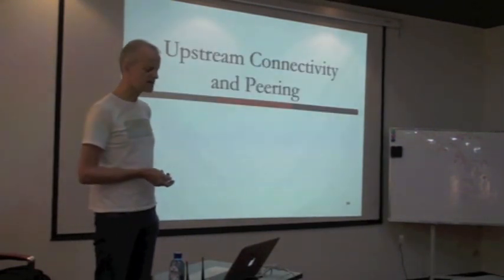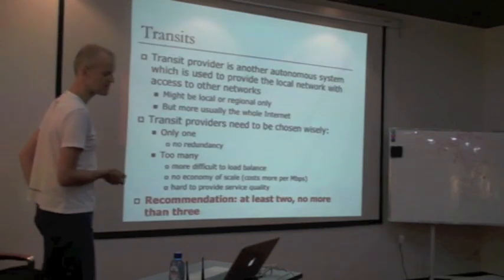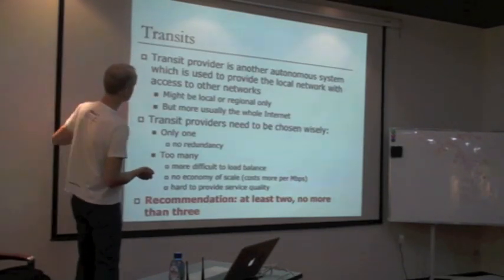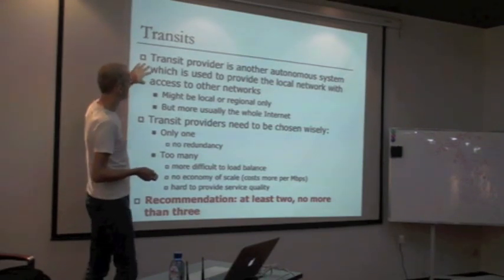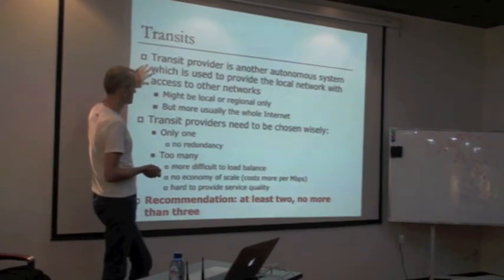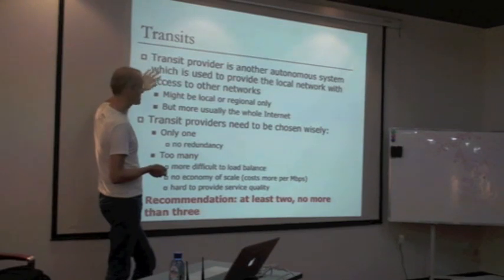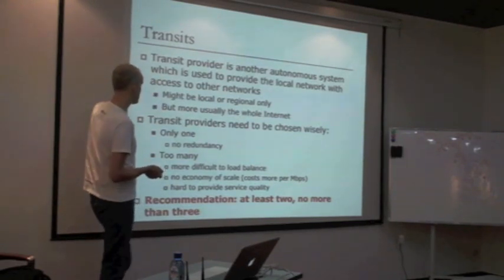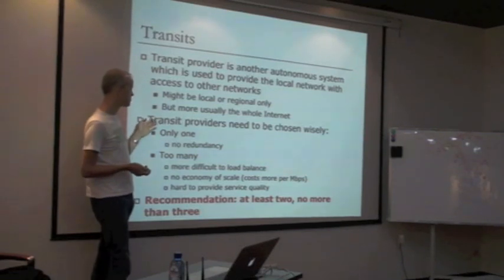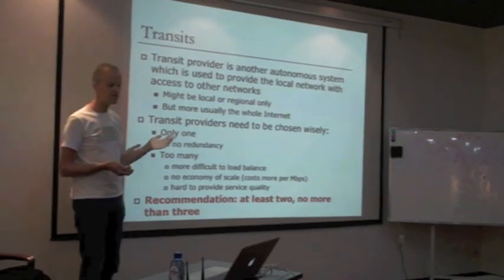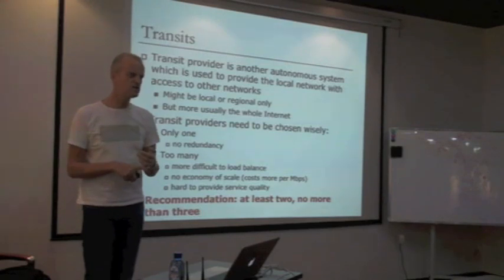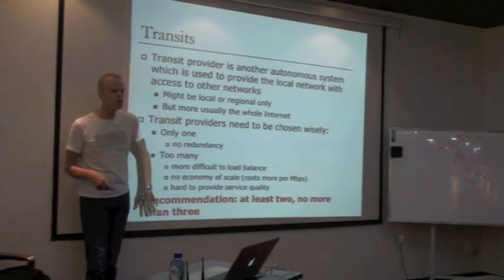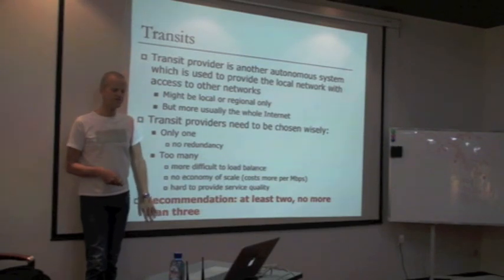Okay, upstream connectivity and peering. We've seen this already. I talked about this, was it yesterday? A transit provider gives you access to other networks, could be local, regional, more usually the whole internet. Transit providers need to be chosen wisely. One doesn't give you redundancy, too many, too difficult to load balance. And as I said yesterday, at least two, no more than three.